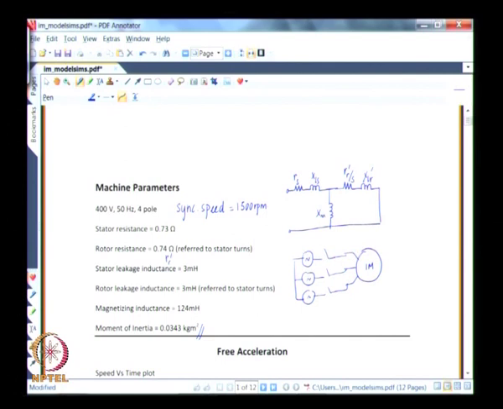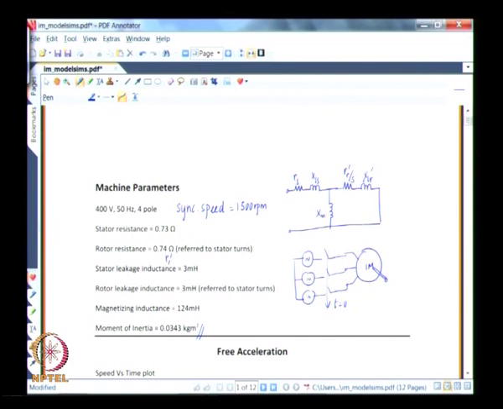So, what we are trying to do is, if you close this switch, all the 3 switches at t equal to 0 seconds, the shaft of the machine is assumed to be not connected anywhere. So, it is a free running machine.